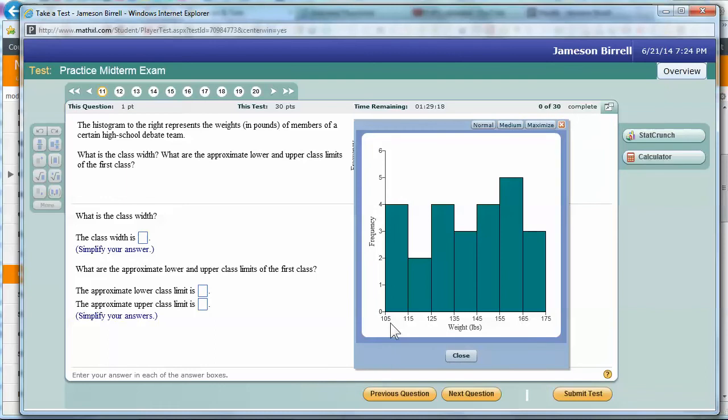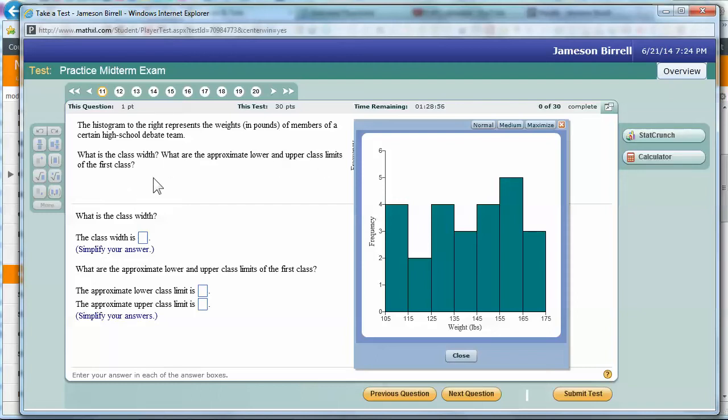So on the horizontal scale, it's representing the weight, or the pounds, of members of a certain high school debate team. So over here would be the number of members that fall in those intervals, those weights. Okay, what is the class width? What are the approximate lower and upper class limits of the first class?